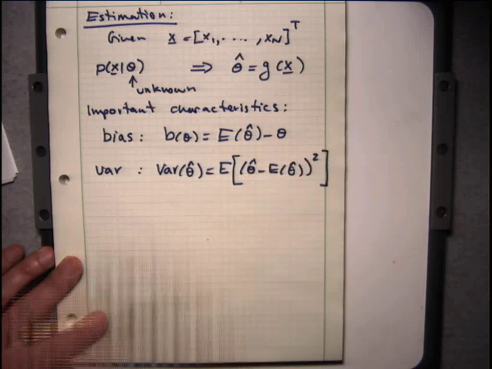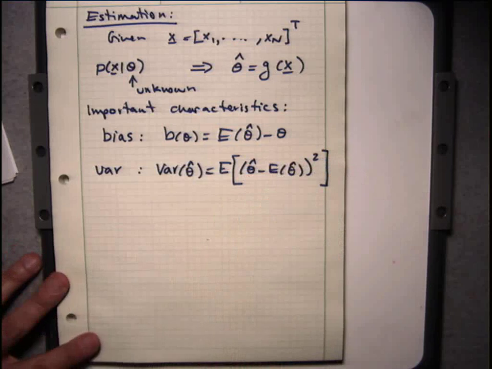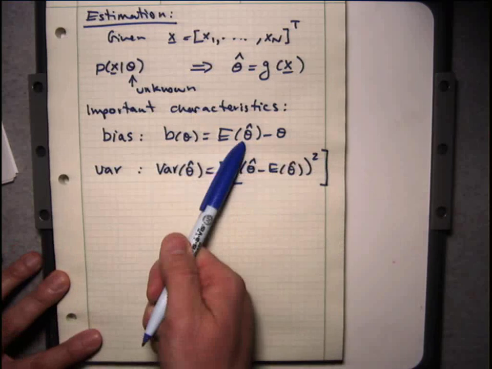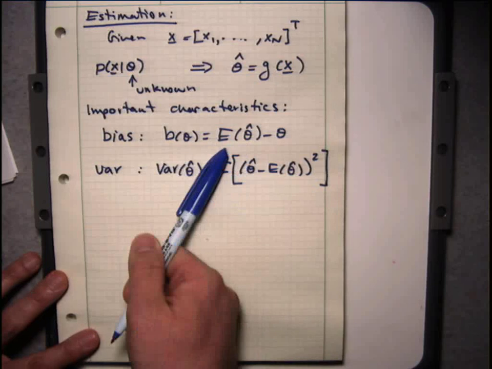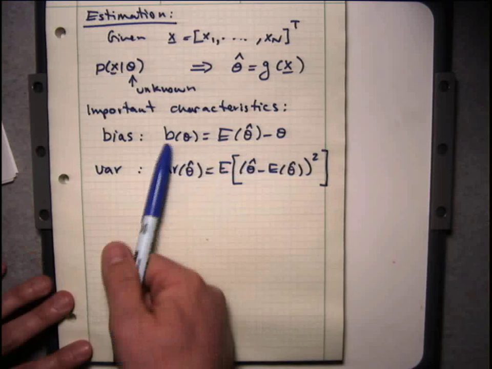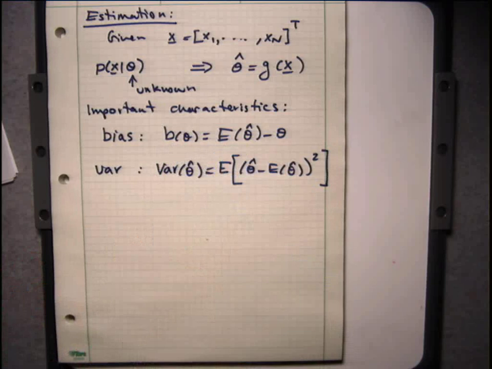Okay, this is for the scalar case where I'm writing everything. Why don't you write the bias as a function of theta hat? Because you see this expected value in here, right? Oftentimes what we're interested in is the bias as a function of the data and the underlying value.